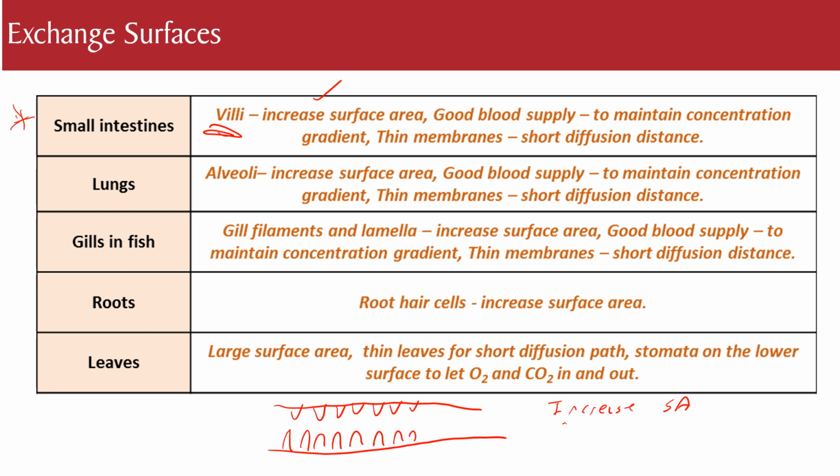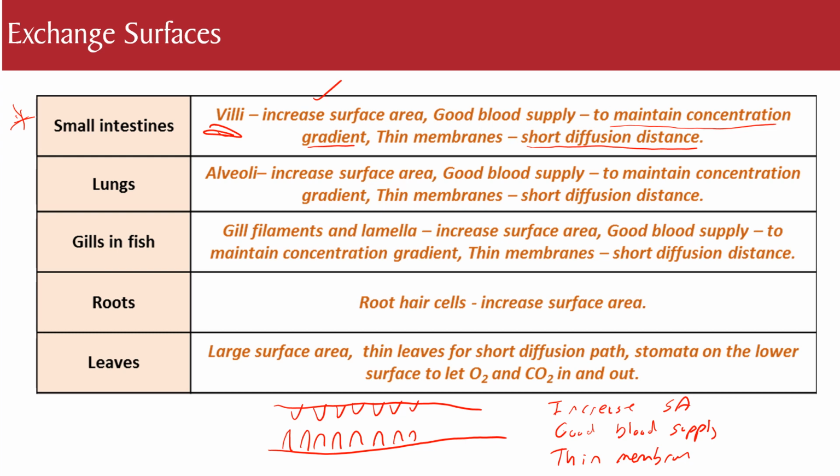The villi also have a good blood supply. The good blood supply is to maintain the concentration gradient. And they also have a thin membrane, which gives a short diffusion distance, so there isn't very far for all these things to go.